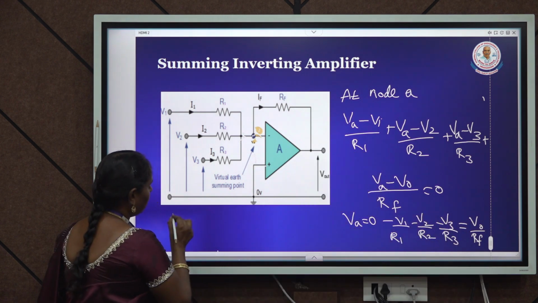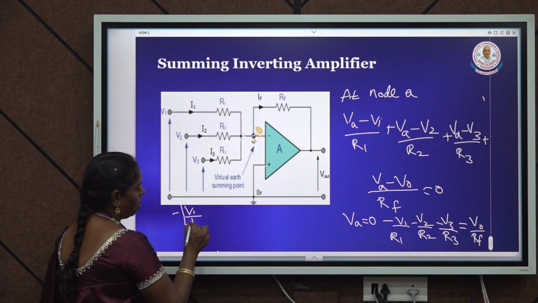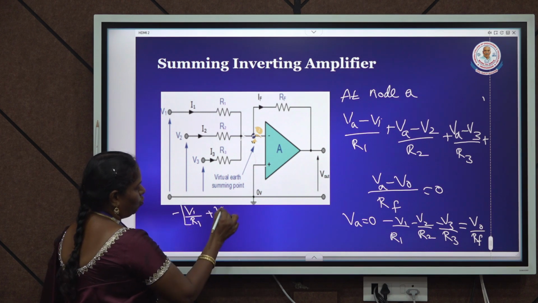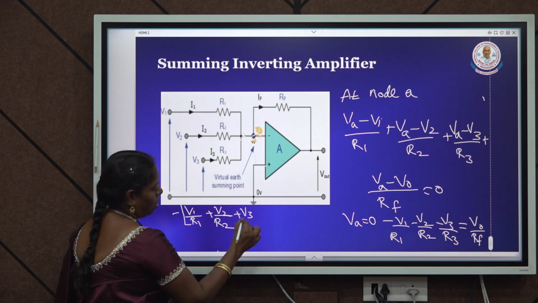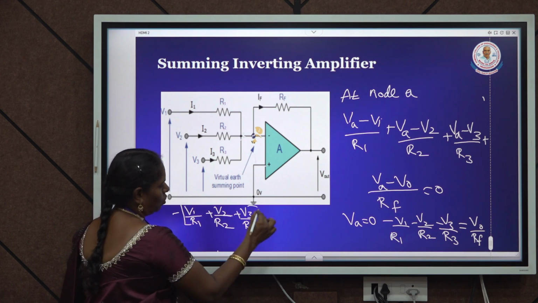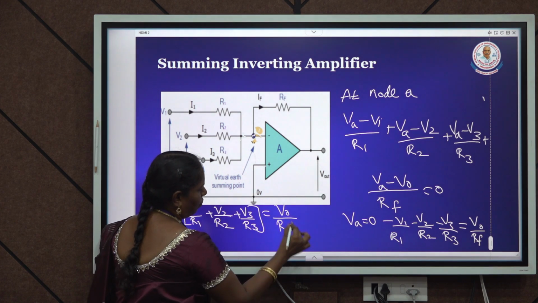I am taking the minus sign as common. So, V1 by R1 plus V2 by R2 plus V3 by R3 equal to minus V0 by RF.